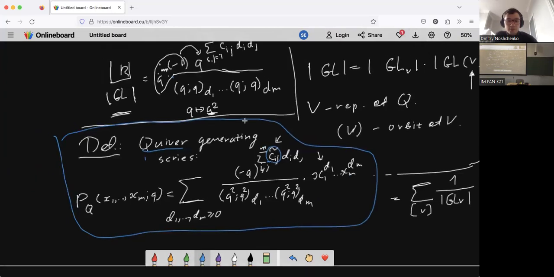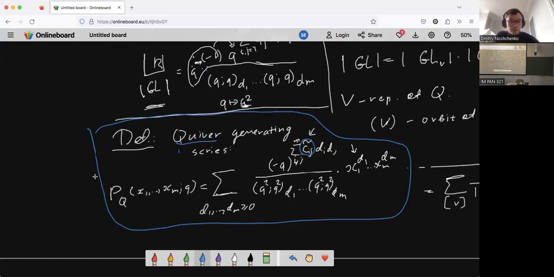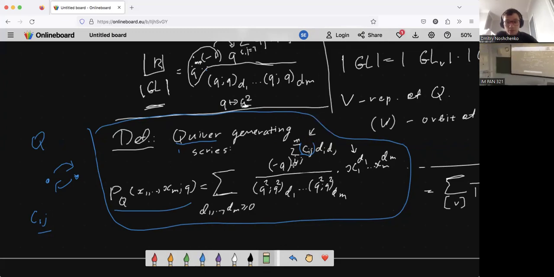We simply say that if you have a quiver Q, with some nodes and arrows, let's write C_ij as the adjacency matrix and write this object where in the quadratic exponent you have C_ij without tilde, so the tilde I will erase. And from now on, let's think about this correspondence between quivers and generating series.